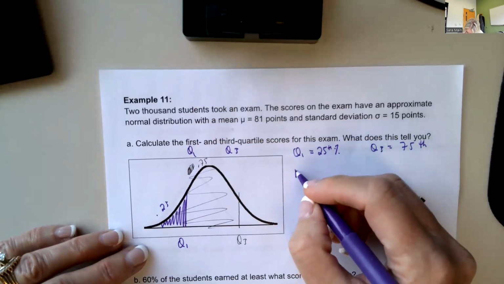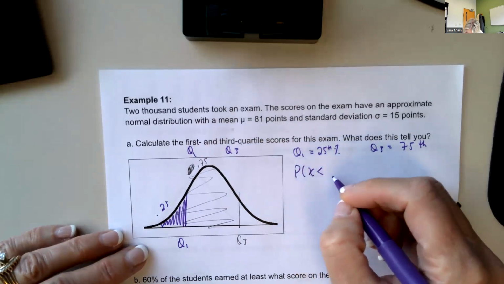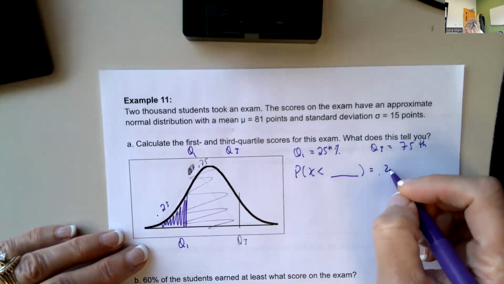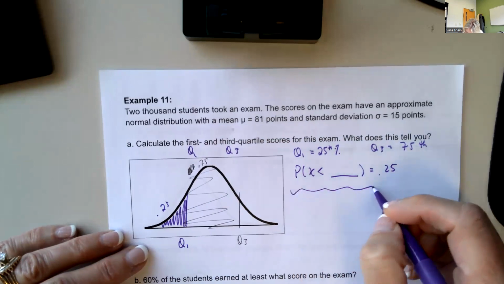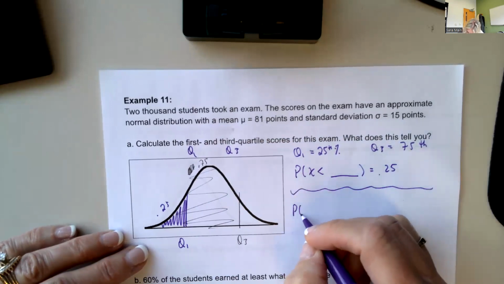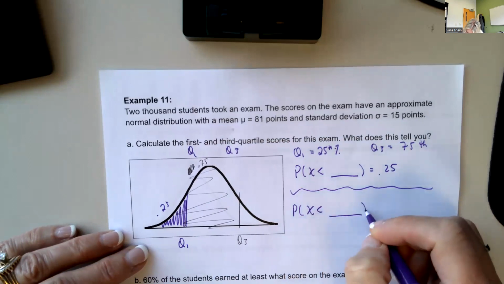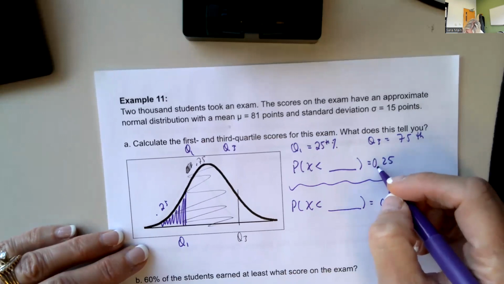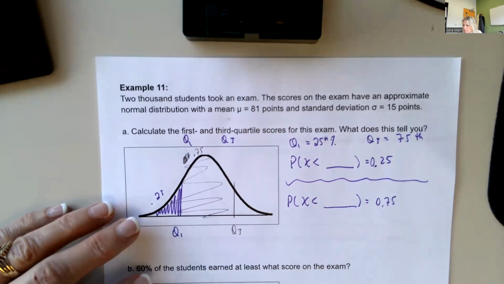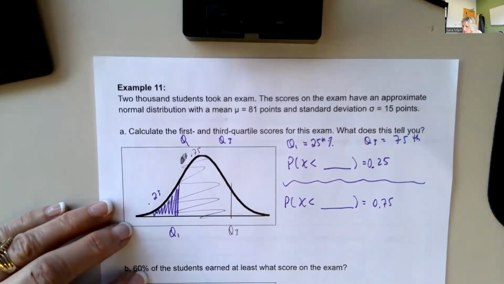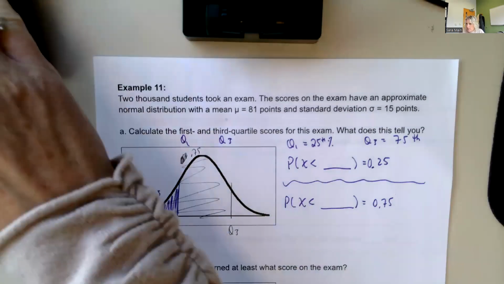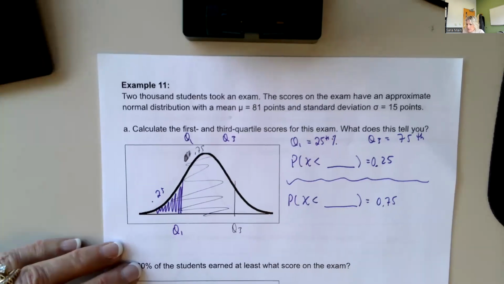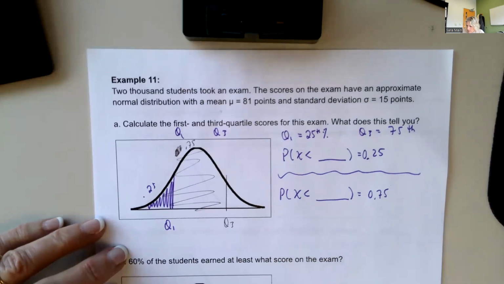So this one is the probability that X is less than something equal to 0.25, and this one is the probability that X is less than something equal to 0.75. So we're using inverse norm, the inverse CDF for the normal distribution.